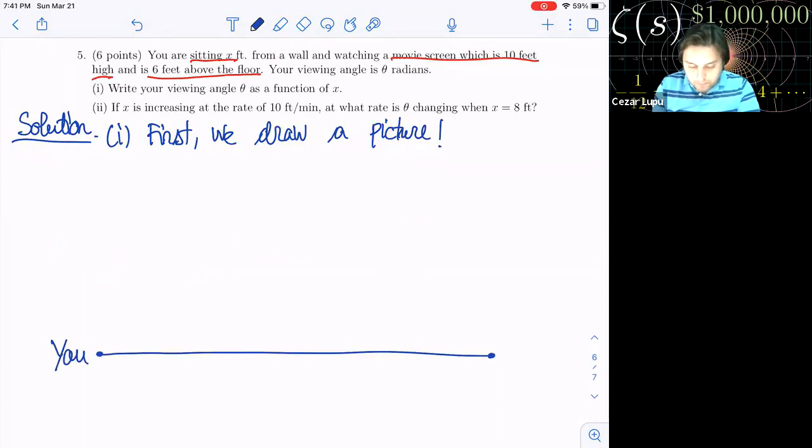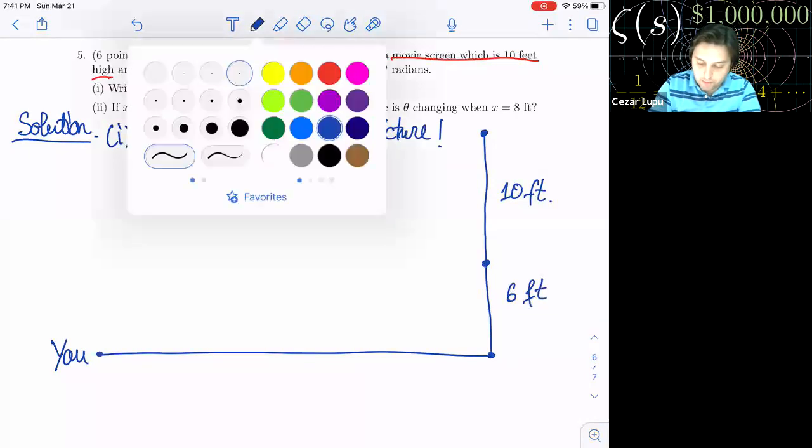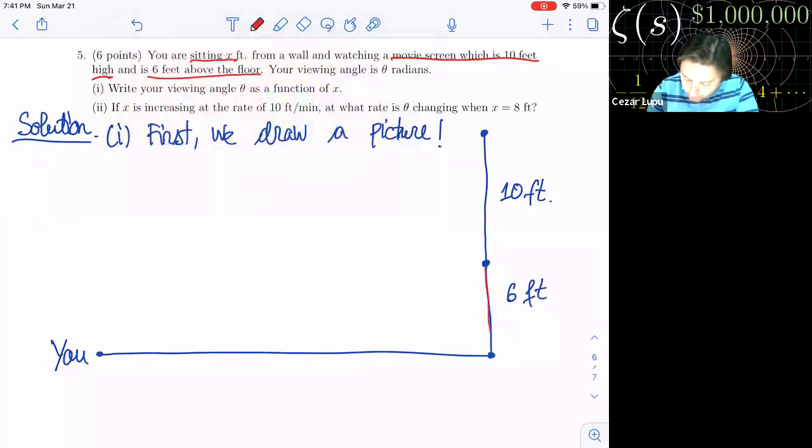So we're watching a movie screen which is 10 feet. So this guy is 10 feet here, the movie screen. And this is 6 feet above the floor, so this is 6 feet here, from here.